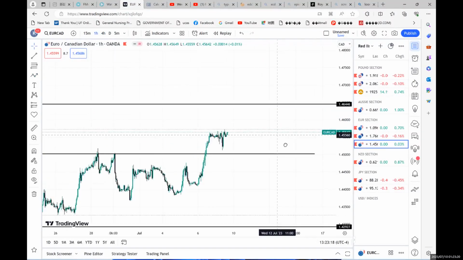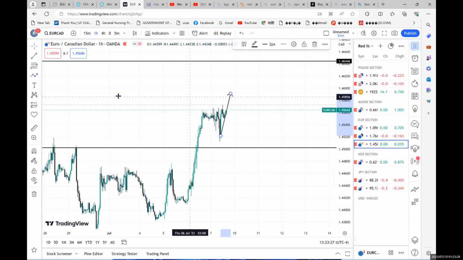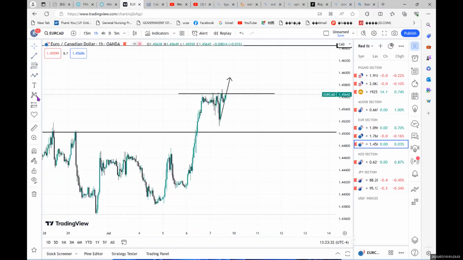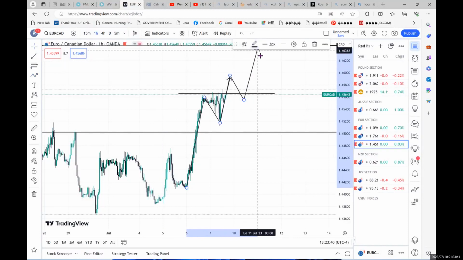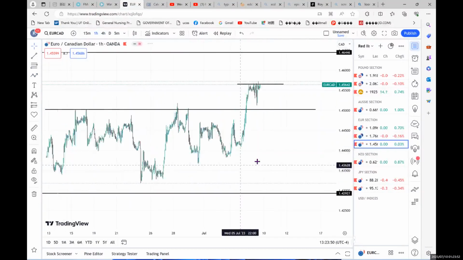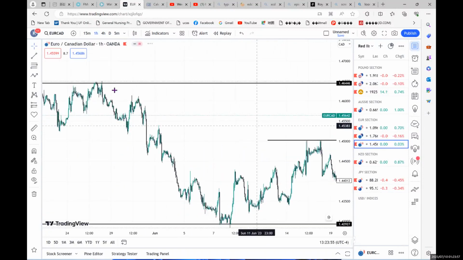Okay. Here on the 1-hour, price can also give us something like this. Price can break through these highs here, giving us something like higher low, higher high, higher low, higher high, higher low, and continue up like this. But overall, I'll be looking for buys on this pair, back up into these highs here.